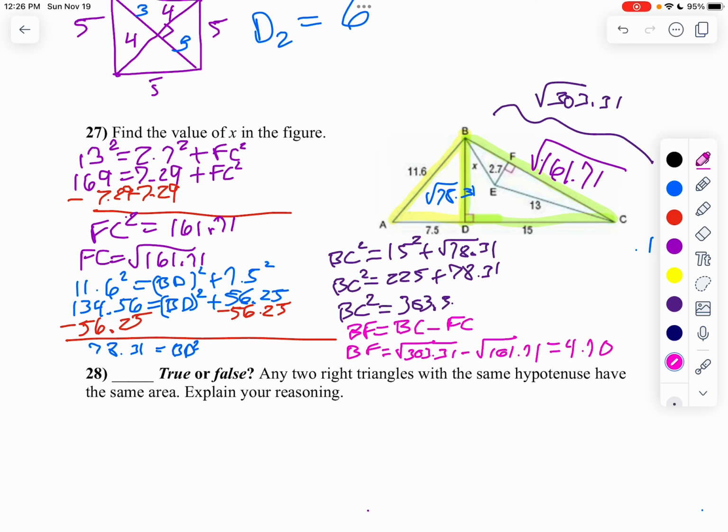And then finally, we can solve for x now. X is my hypotenuse. So this is 4.7. Kind of short on room here, aren't we? Should have left you more room here. So x squared equals 4.7 squared plus 2.7 squared. Let's go ahead and do that on our calculator.